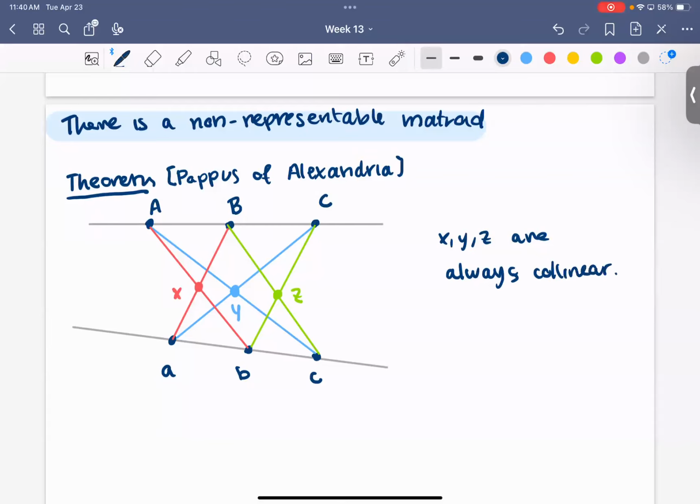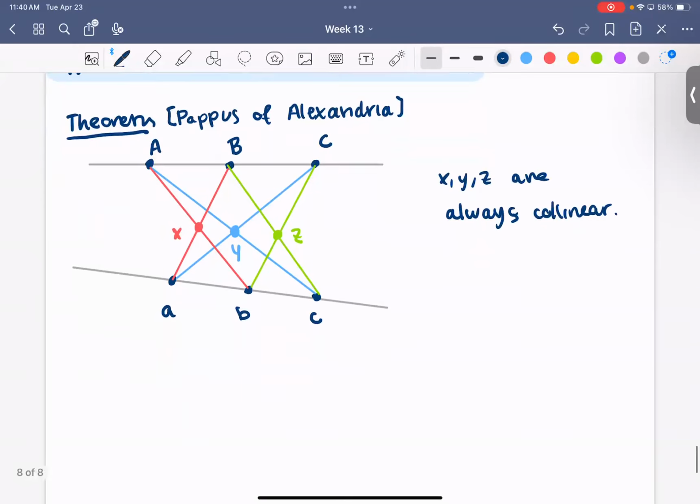And it turns out this is true over any field. So if you did this over the real numbers, the complex numbers, finite fields, this is always true.